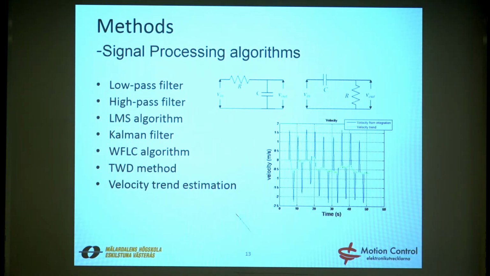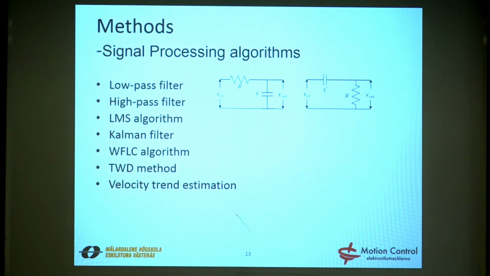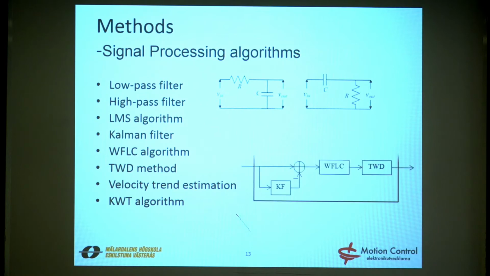It's a velocity trend. Another novel method is the KWT algorithm, which is a combination of Kalman filter, WFLC algorithm, and the TWD method. It will be introduced later and presented in paper F.